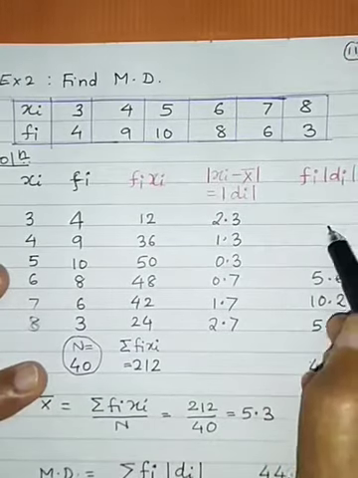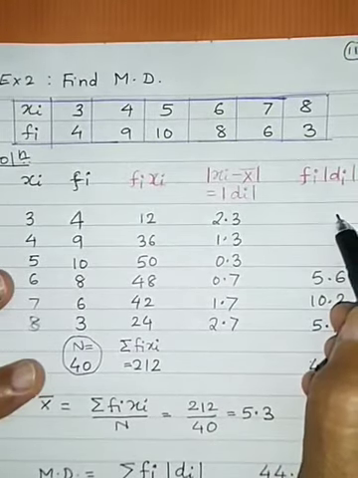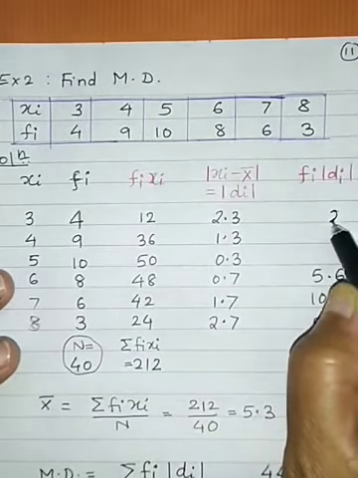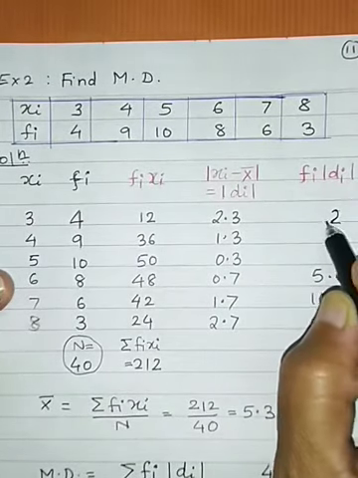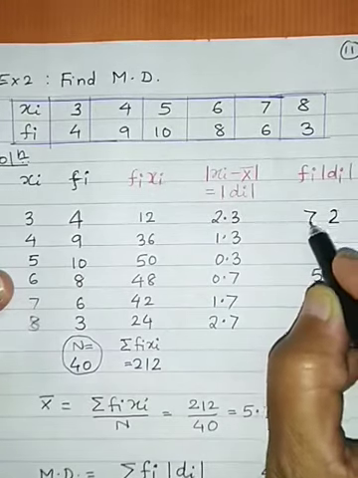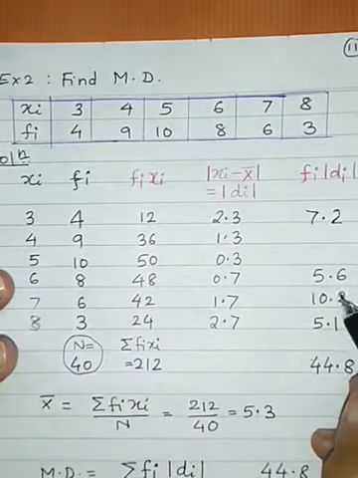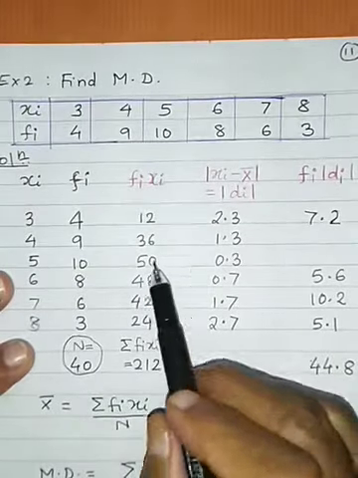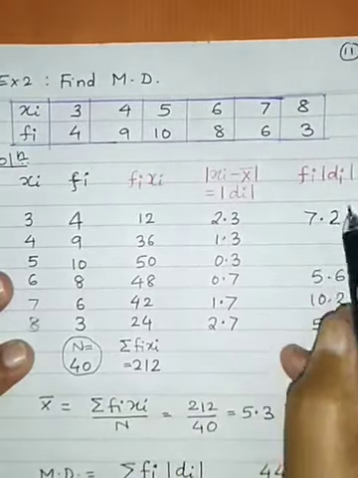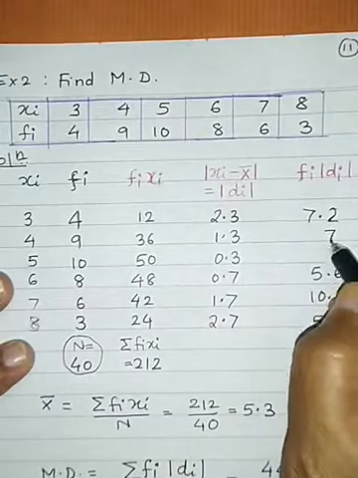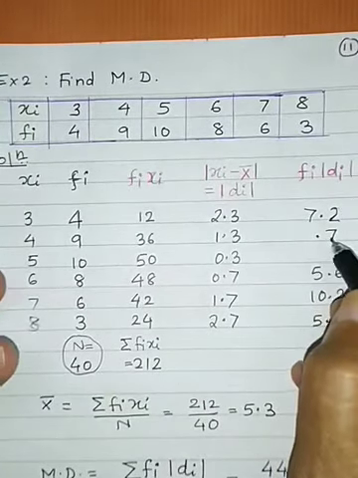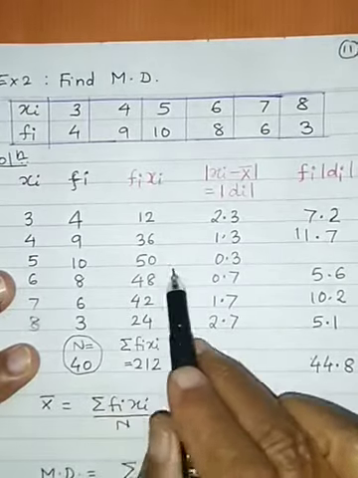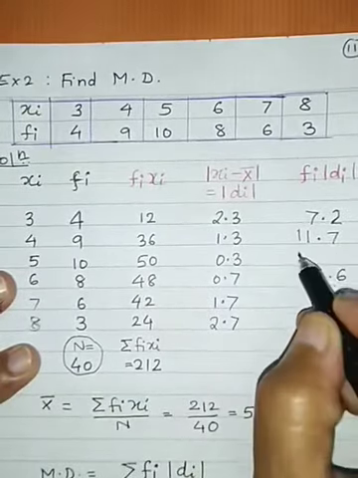Alright, the next entry is 9 into 1.3. The next is 10 into 0.3.